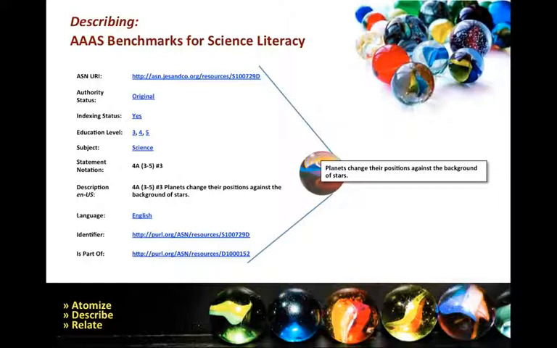Then over here we see all of the various descriptive aspects. At the top, we see the unique identifier that has been assigned to this node, to this specific standard, and then down at the bottom we see "is part of," and that is what links this node back to the benchmarks document itself.